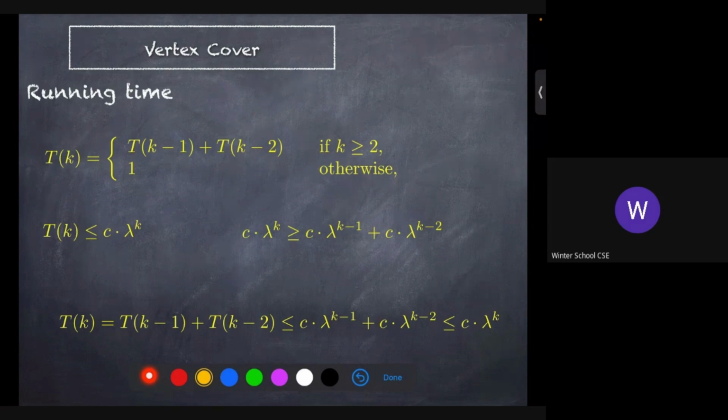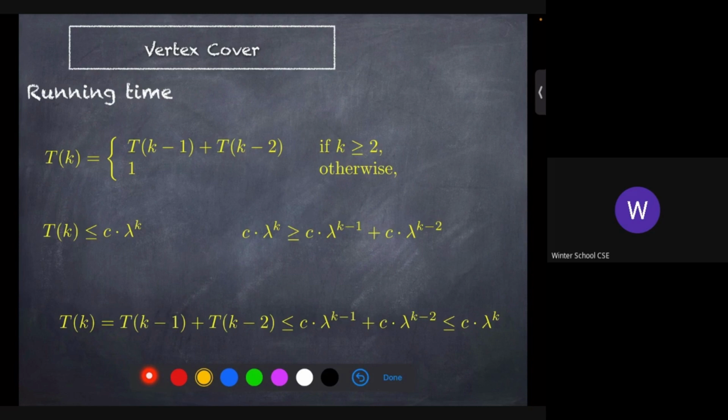Okay, and it's 1 otherwise. And then the usual trick is you estimate this running time as a single exponential function. There is some mathematical proof, I will not speak about this. The solution to this type of recursion is always in this exponential form, right?